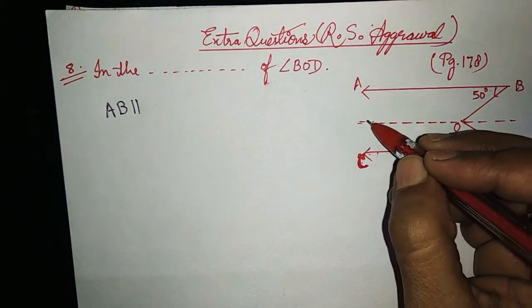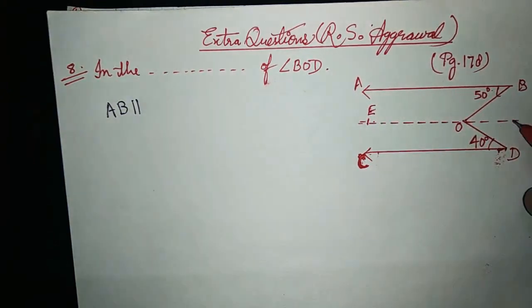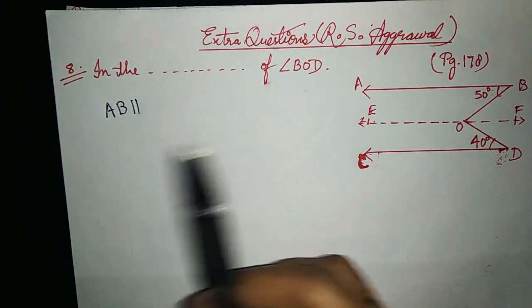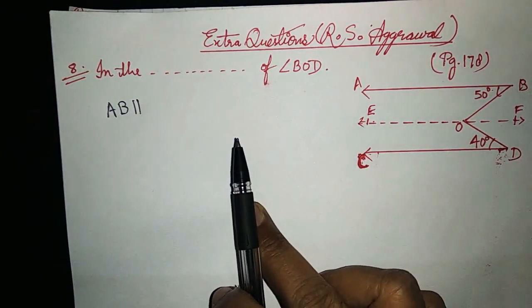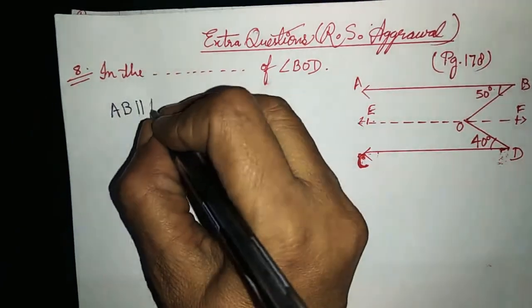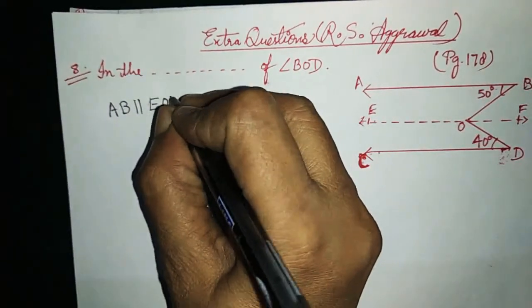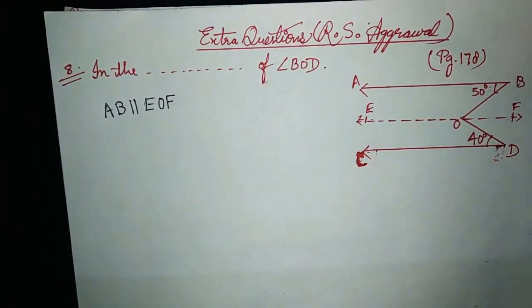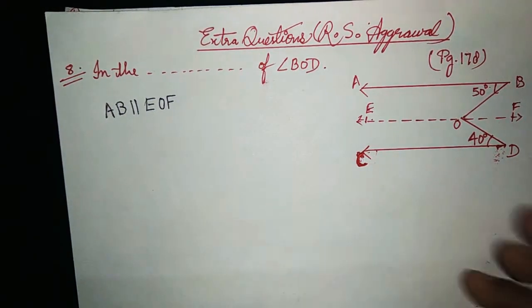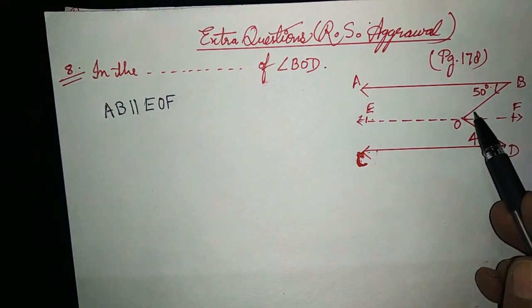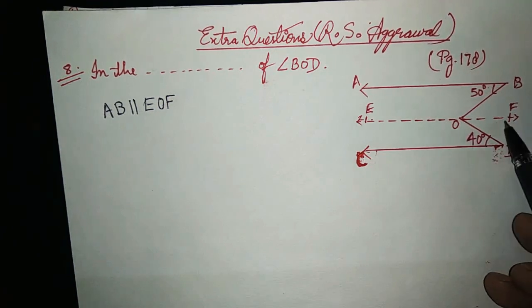Here we will write E, here F. AB is parallel to line EOF, and we will find here the measure of angle BOF first.